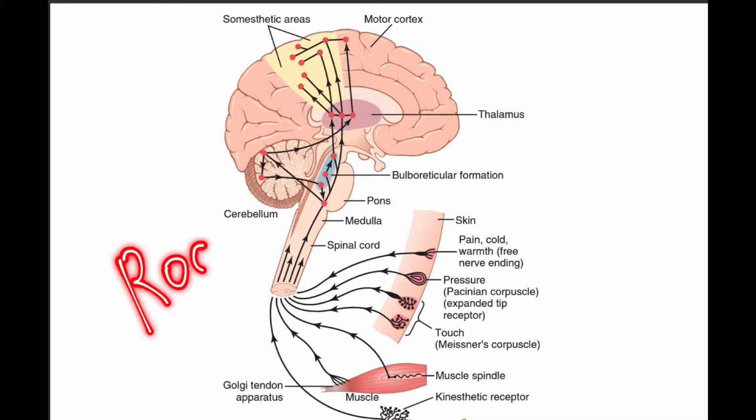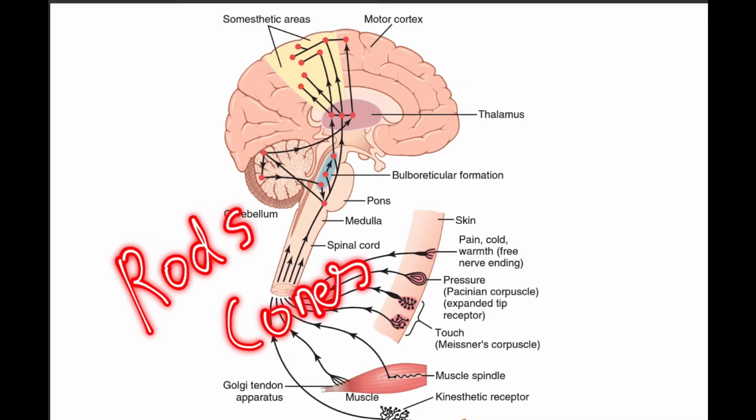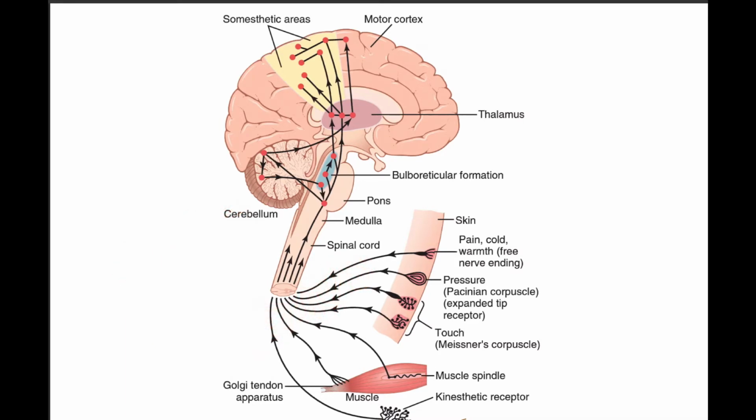They are rods and cones. These rods and cones convert the electromagnetic waves into electrochemical action potential, and pass the action potential through the axons of a neuron to the central nervous system.